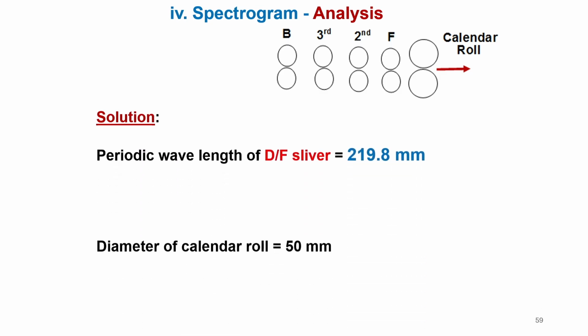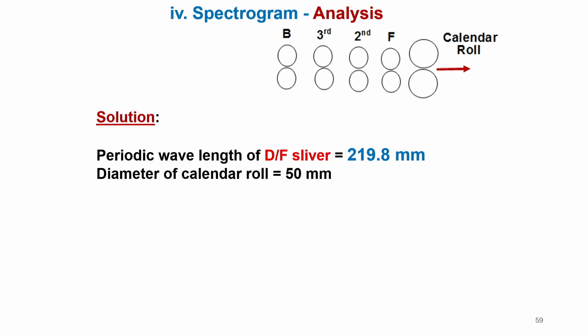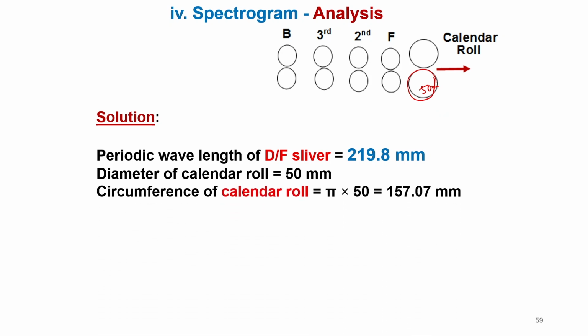The diameter of the calendar roller is given as 50 millimeter. If the calendar roller is faulty, then the wavelength will be the circumference of the calendar roller. The circumference of the calendar roller is 157.07 millimeter, which is not matching with the periodic fault in the Drawframe sliver.